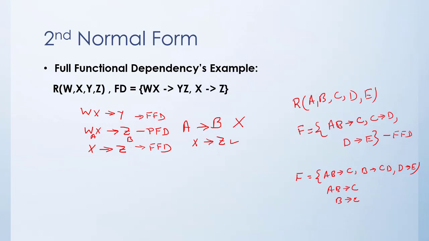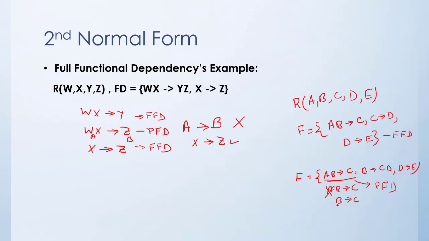So if we remove A from this, the functional dependency B determines C still holds true. So this functional dependency is a partial functional dependency. It is not a full functional dependency. So this is the concept of full functional dependency and partial functional dependency.